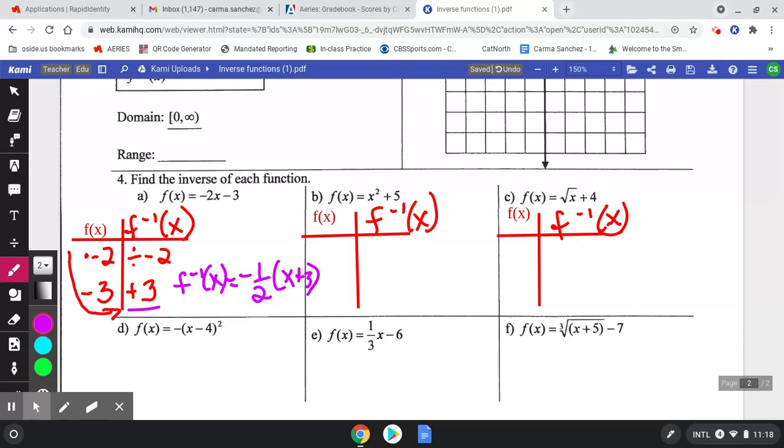Okay, wanted to move that over a little bit. So which way do you like to say it? Do you like to say x plus 3 divided by -2, or do you like to say -1/2 times x plus 3? It is the same equivalent equation.